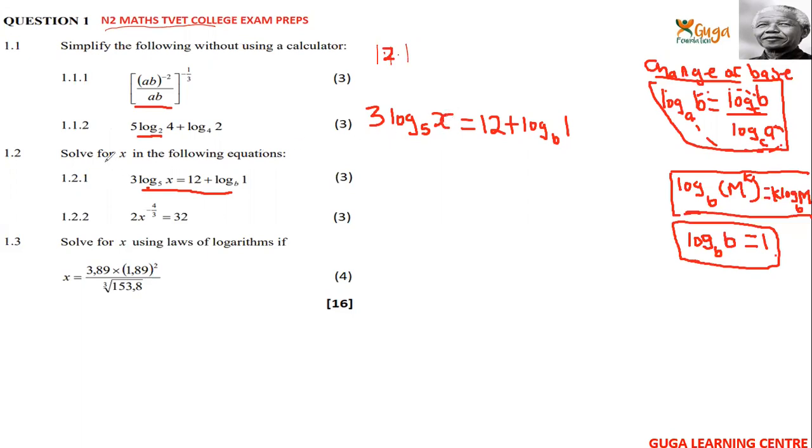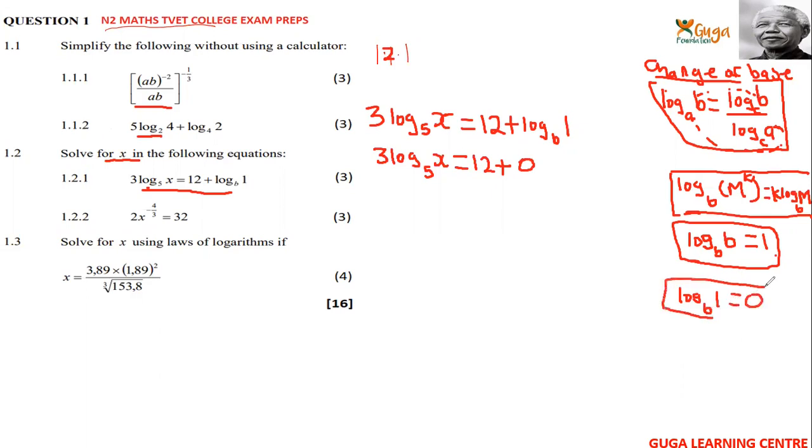So you're going to have 3 log base 5 of x equals 12 plus 0, because the rules say log base b of 1 is equal to 0.